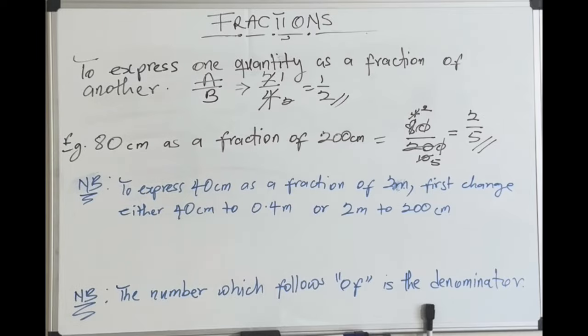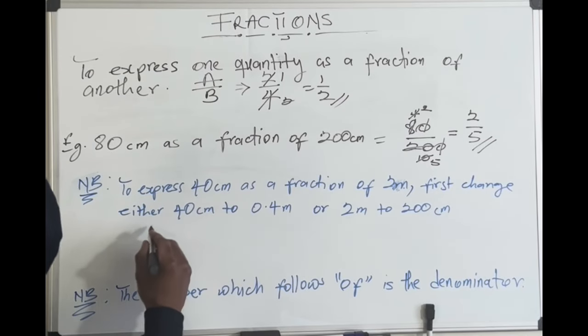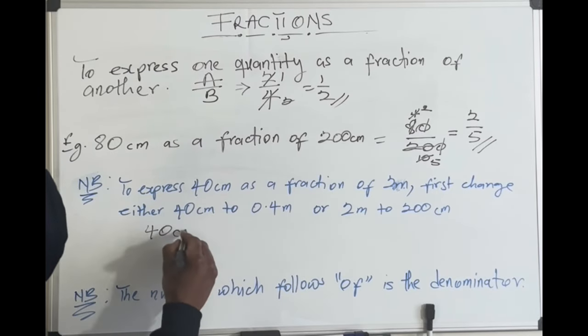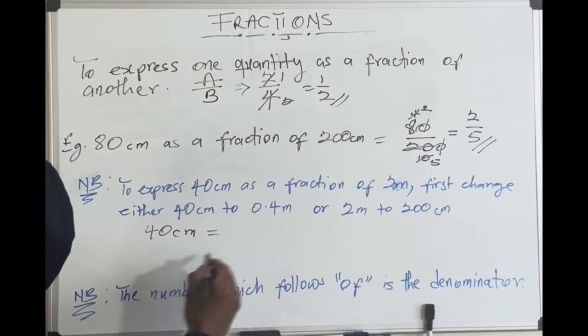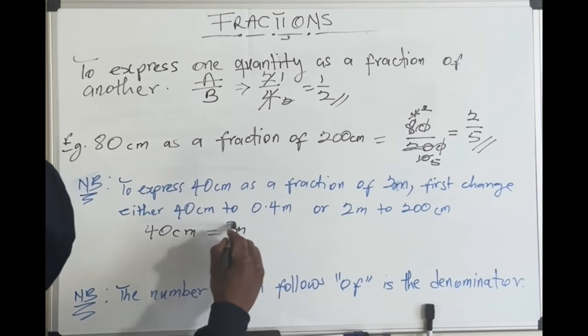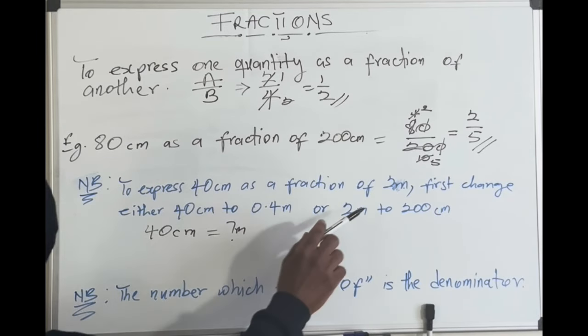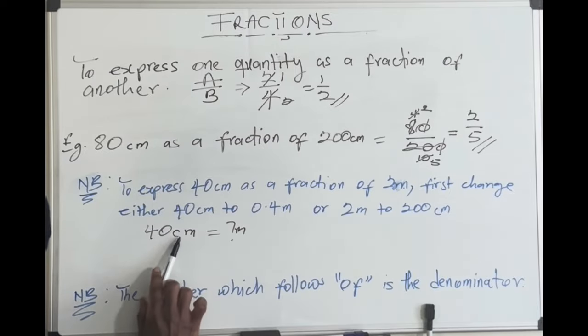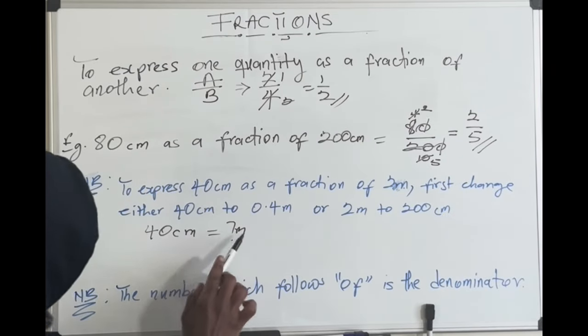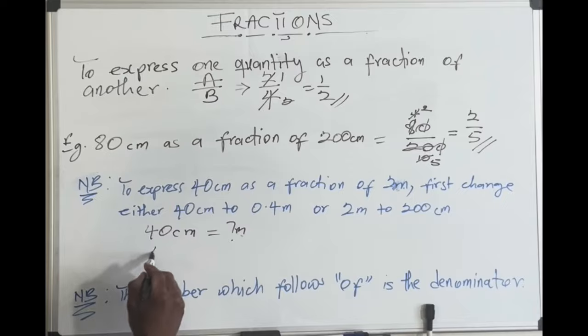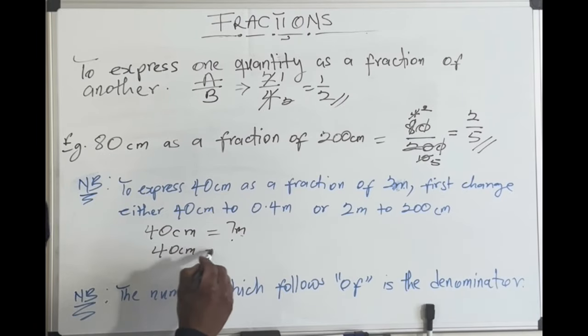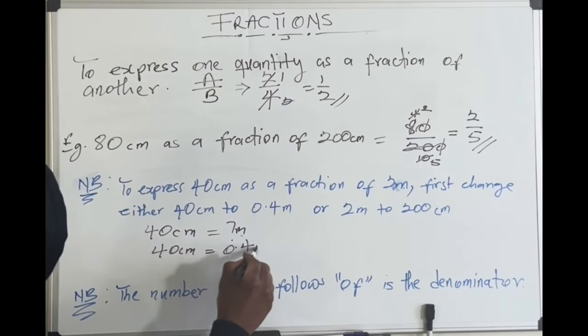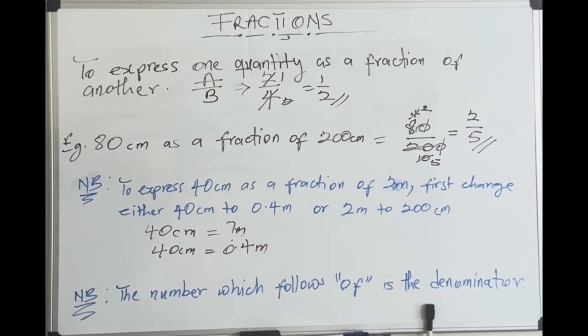So let's say we have a question like this, 40 centimeters, and you are to change to meters. First of all, you have to switch the centimeters to meters. So 40 centimeters to meters will be 0.4 meters. And then you can proceed and work it out.